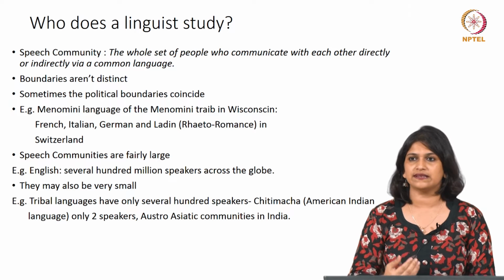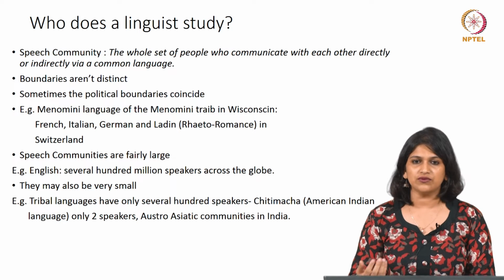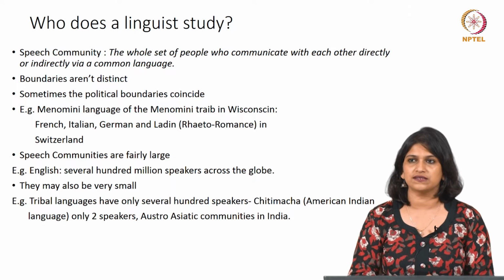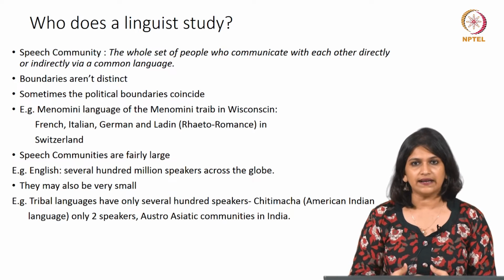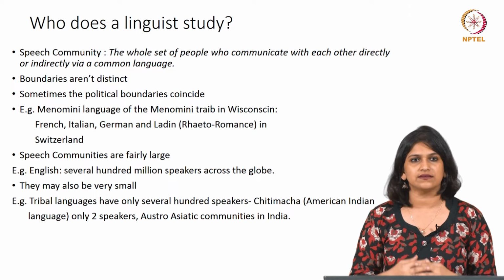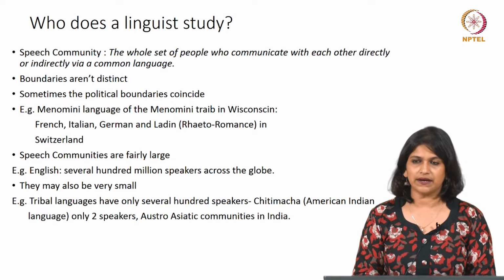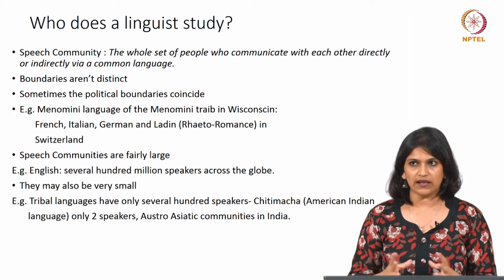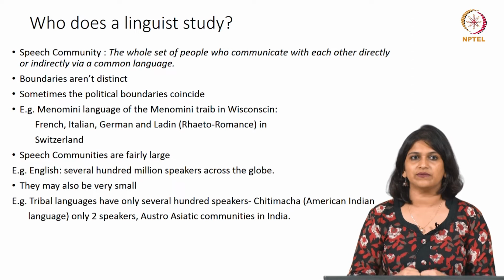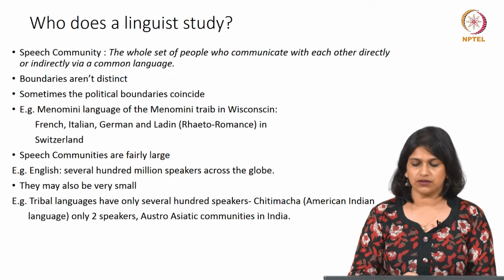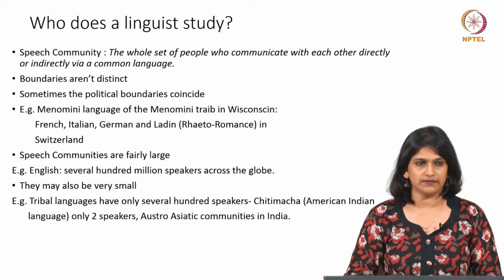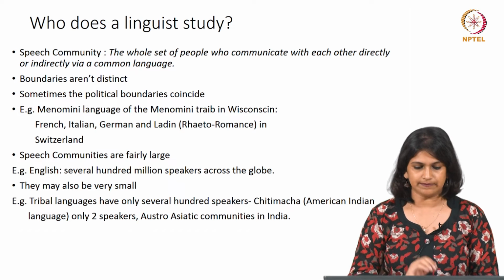For example, there's a language called Monsang, spoken in the northeastern states of India. There are hardly 1,000 speakers left in this speech community. That's why we need to understand how large or how small a community is when we talk about the sociolinguistic implications of such study.